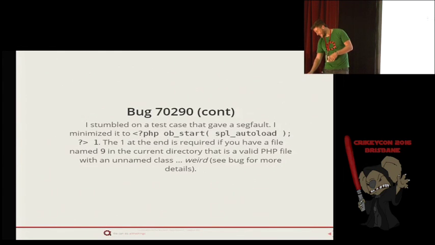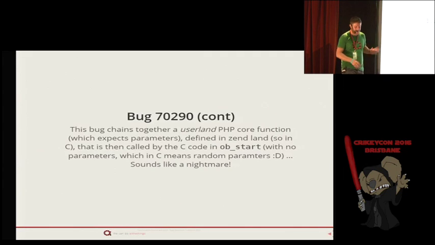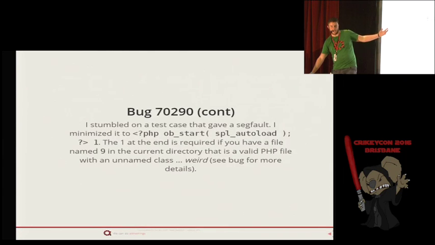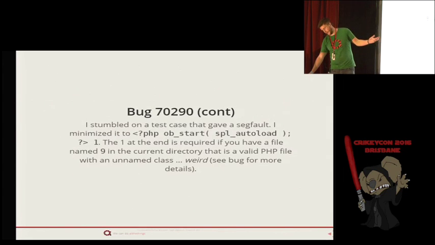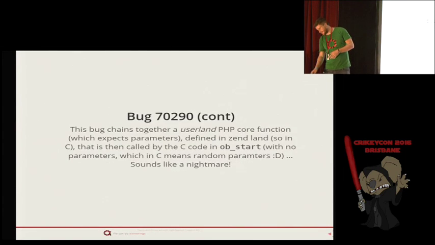I'll tell you why. So the problem with this bug, it was chaining together the userland function of ob_start with the C-level function of SPL autoload. So for those that don't know PHP, which is probably most people, SPL autoload is a function that you normally call with arguments that will look for directories to load class files when you don't actually include them in your project.